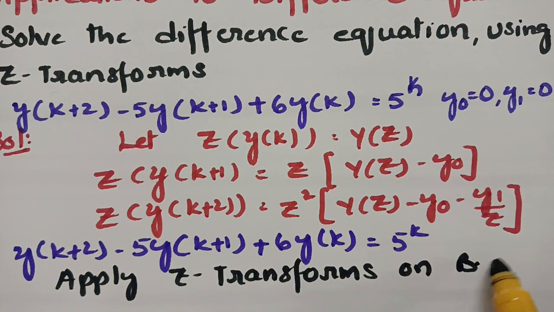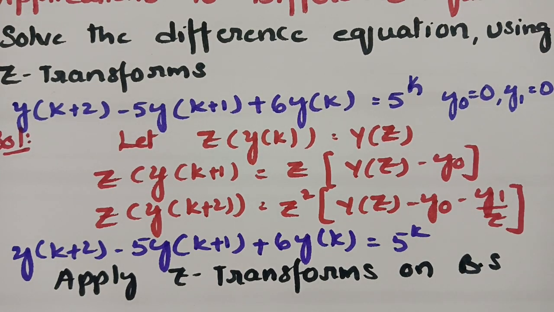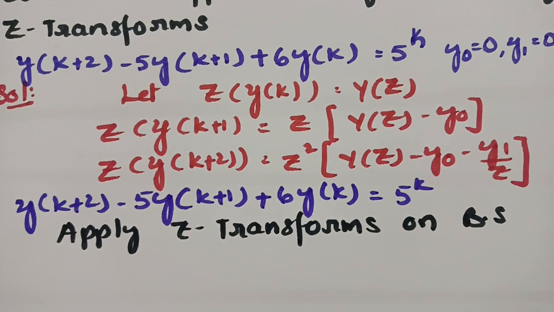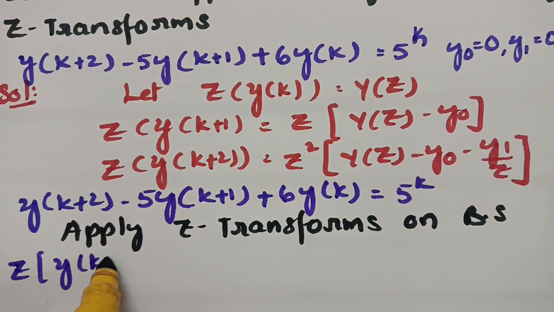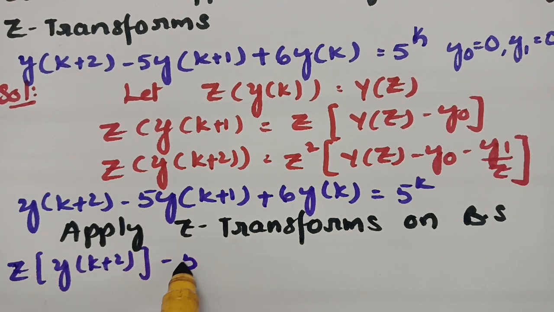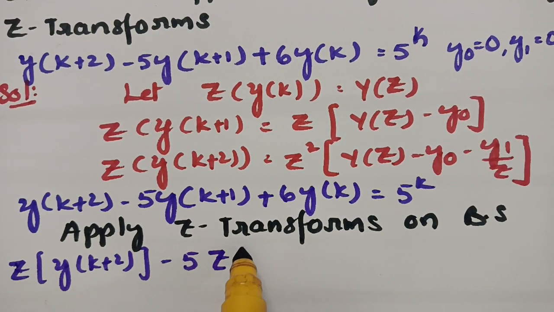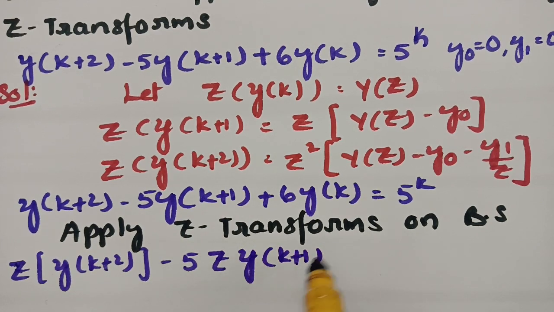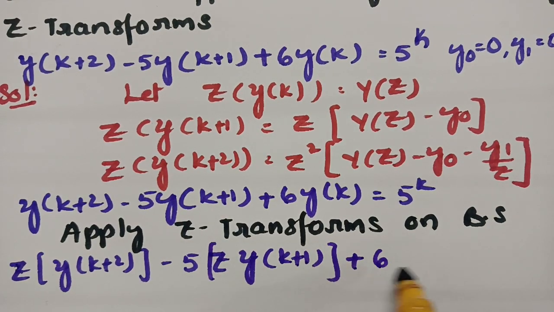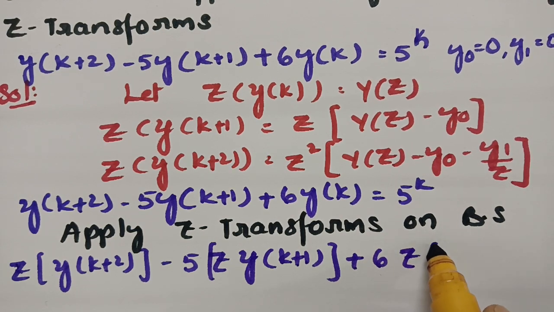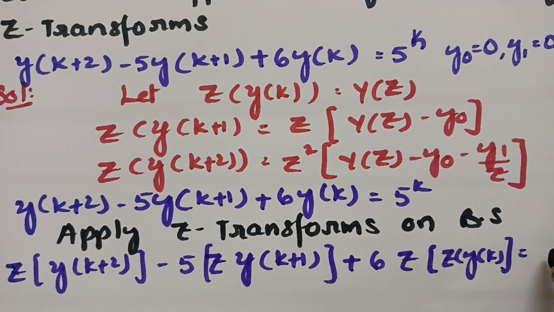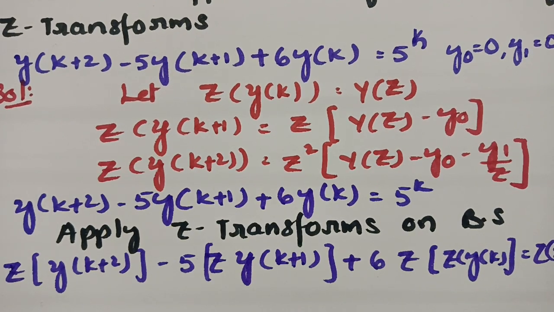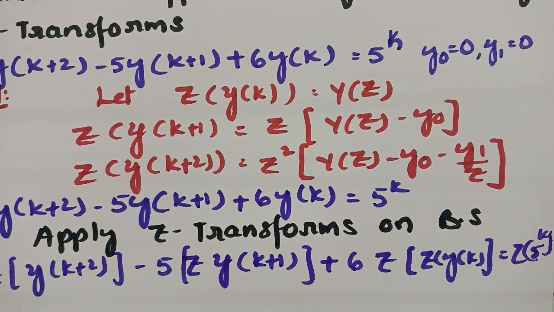After applying Z transforms on both sides, we get the Z transform of y(k+2) minus 5 times the Z transform of y(k+1) plus 6 times the Z transform of y(k) is equal to the Z transform of 5^k. Clear?